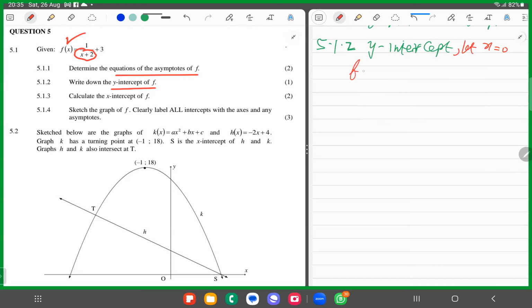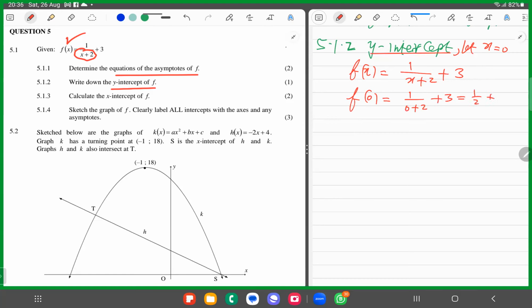So if you have f of x equals 1 divided by x plus 2 plus 3, for the y-intercept you're going to let x be 0. So wherever there is x, you put 0 in the function.